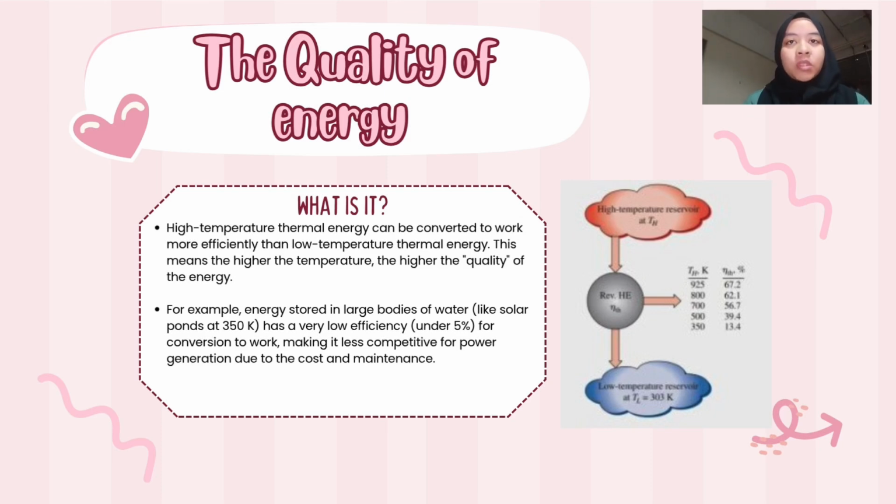For example, energy stored in large bodies of water like solar ponds at 350 Kelvin has a very low conversion efficiency, under 5%, which makes it less competitive for power generation due to the cost and maintenance.